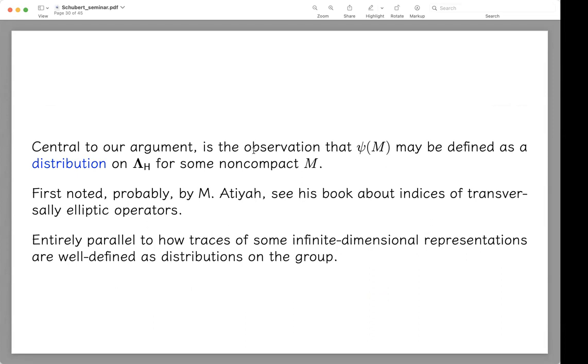That's entirely parallel to the fact, which goes back to Gelfand and Harish-Chandra, that if I have an infinite dimensional representation and I'd like to define its character, it's naturally a distribution rather than a function on a group. Because I need some kind of test function on the group to get an operator which has a trace, and then I can take the trace. That's how a distribution works, and it's exactly the same here.